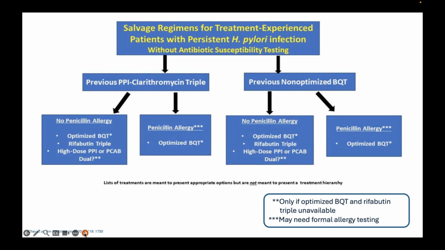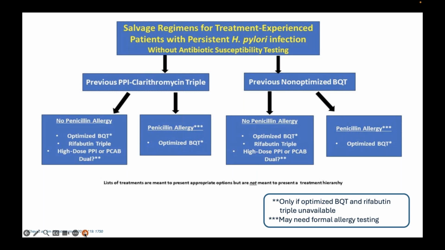Looking to the right-hand side of the algorithm, perhaps the patient received bismuth quadruple therapy, but in a less than optimized combination. Perhaps they received doxycycline instead of tetracycline, or they didn't complete the full 14-day course. Then again, if there's no penicillin allergy, optimized bismuth quadruple therapy is still recommended, with the patient being strongly encouraged to complete the whole 14-day course.